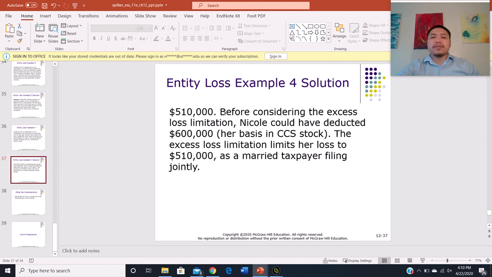Remember the excess loss limitation was $510,000 for married filing jointly taxpayers, and I think it's $255,000 for other taxpayers. So the answer is $510,000.